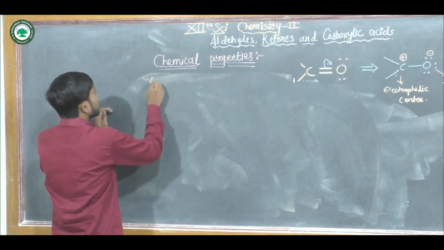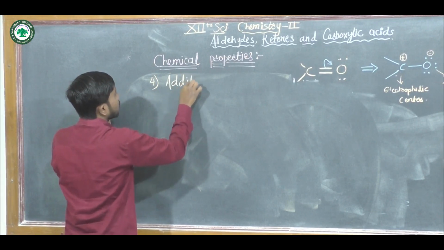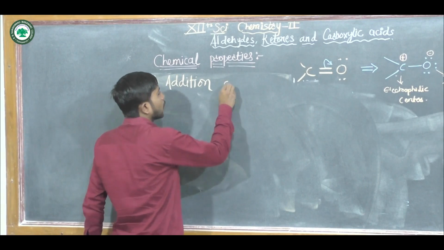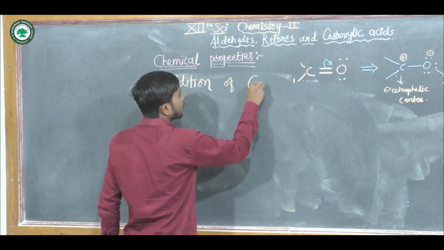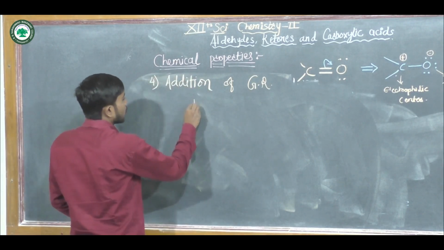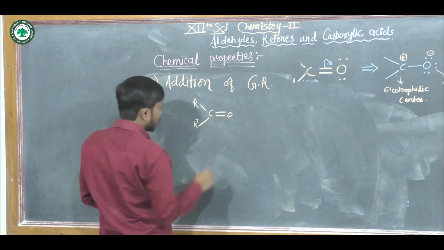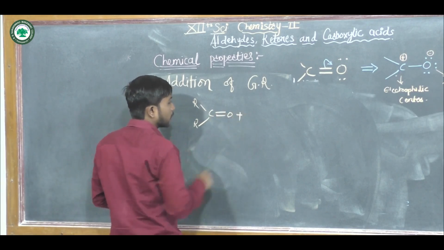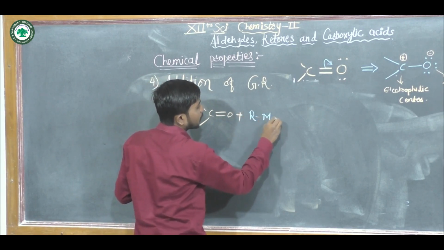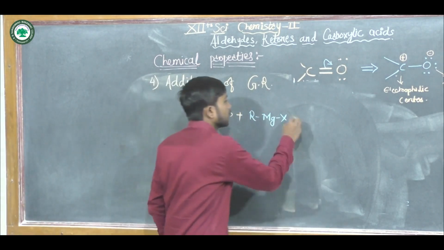The fourth one, reaction: addition of Grignard's reagent. The corresponding aldehydes or ketone, when they react with Grignard's reagent, that is RMgX.